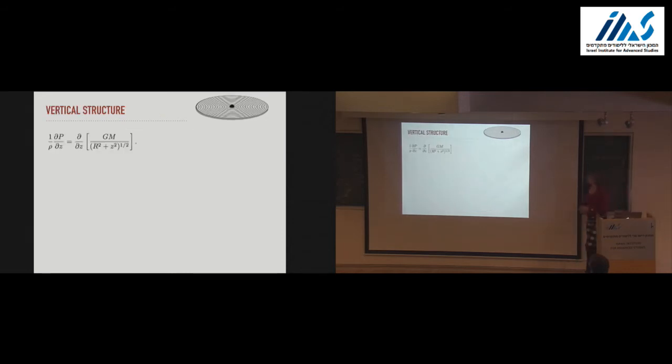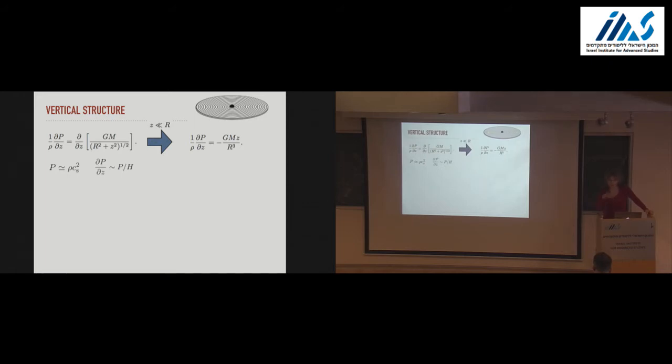Okay, then the vertical structure. So this is the equation of hydrostatic equilibrium for the vertical structure. The gradient in pressure balances gravity, the z component of gravity. And then if I use the fact that it's a thin disk, I obtain this simpler expression. And then I remember that the pressure is rho times the sound speed squared.